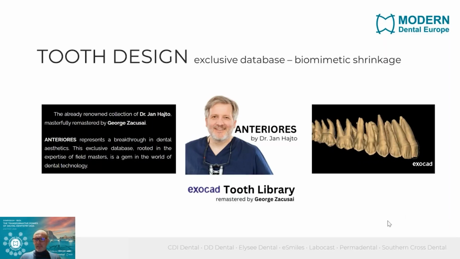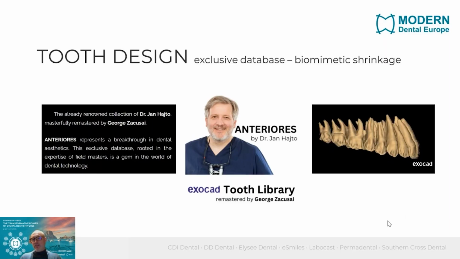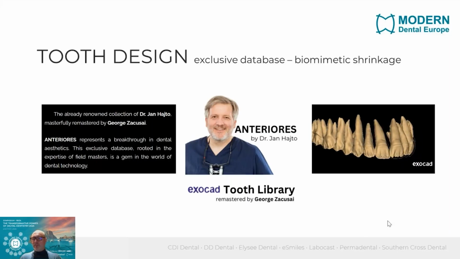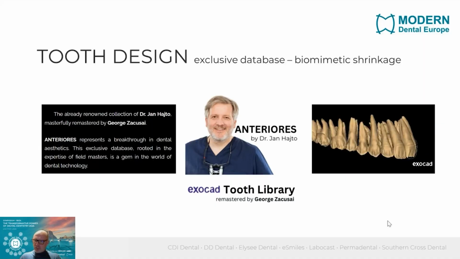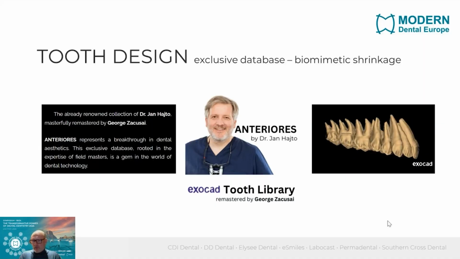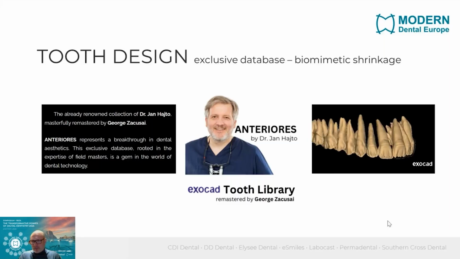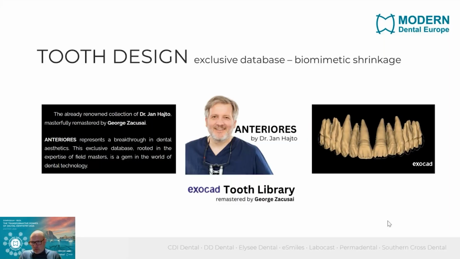nice smile designs. And what you can see here is an example of this library where you can see we also have the possibility actually to shrink down the teeth from the enamel silhouette down to the dentin core, where you actually see the dentin core and the mamelon structure of the dentin.